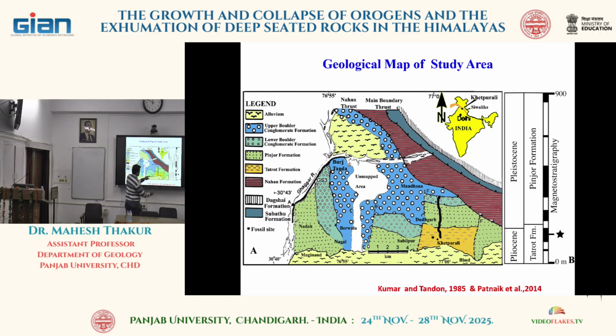So geologically, you can see that different layers are placed along this fault. The other important thing is that we have the Nahan thrust and then the main boundary thrust, within a distance of, let's say, 6 kilometers. Within 6 kilometers, you have these three main thrust faults in a small distance.